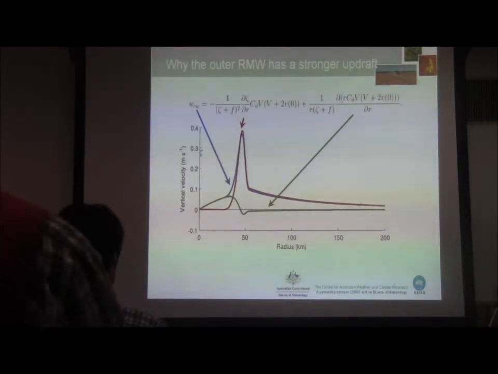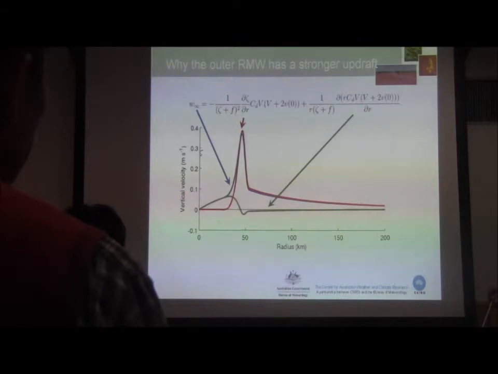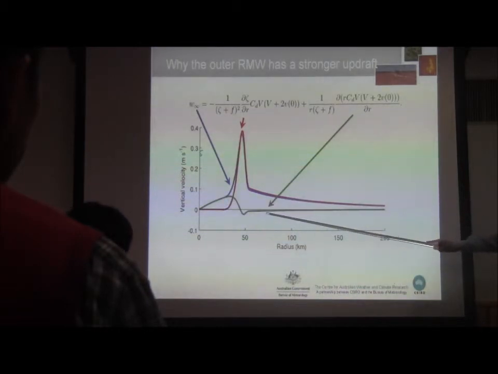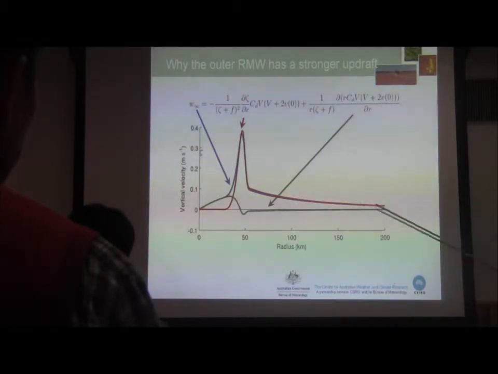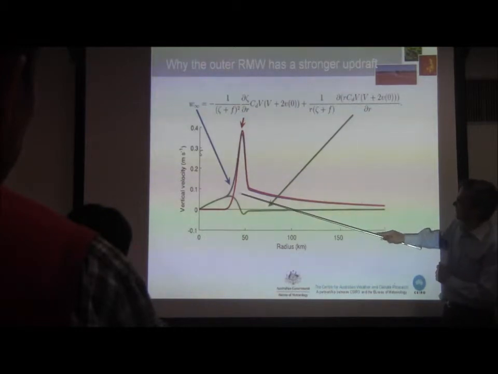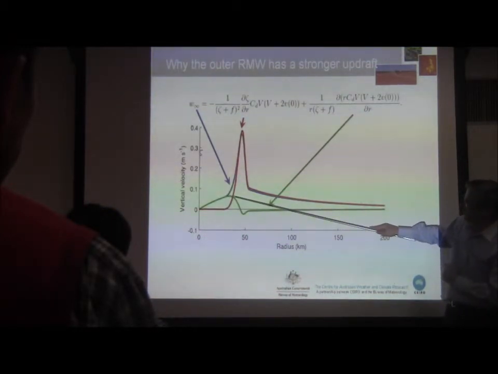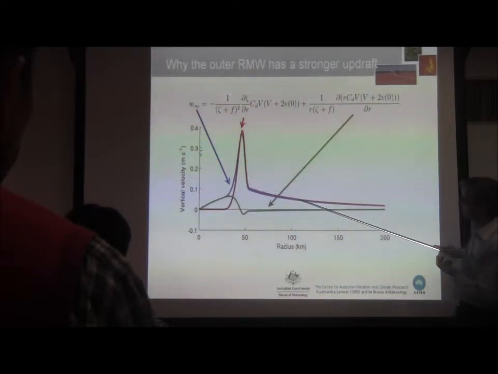So if you were naively adjusting the classic Ekman ideas, you might say, well, we'll take the curl of the stress and we'll replace vorticity by F, and you get the green curve. That actually looks nothing like the updraft that you get from the model. And in particular, you don't really get a strong maximum. You don't get a broad updraft.